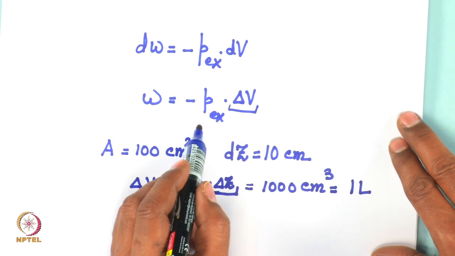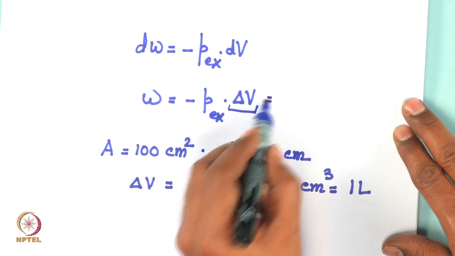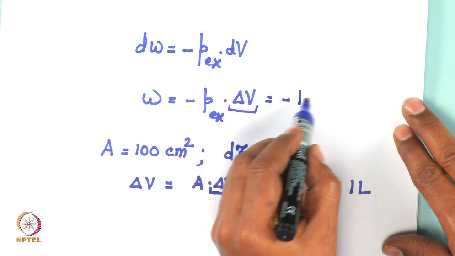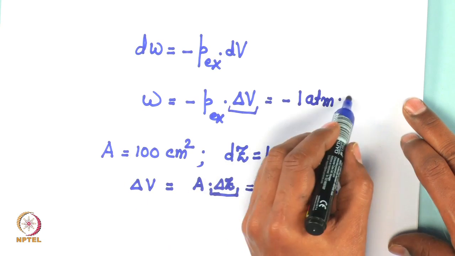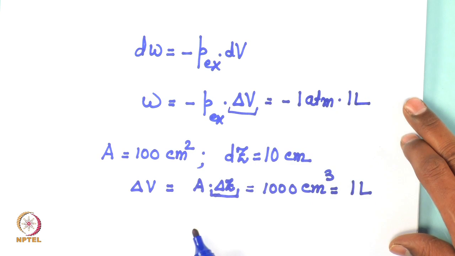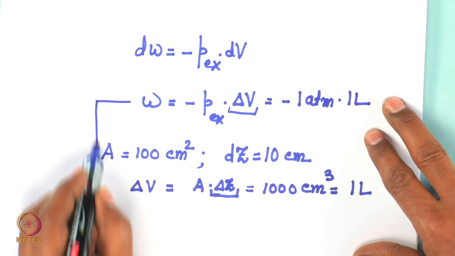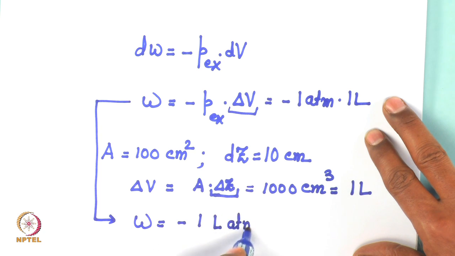Now we substitute into this: minus 1 atmosphere into 1 liter. So, the work done is equal to minus 1 liter atmosphere.